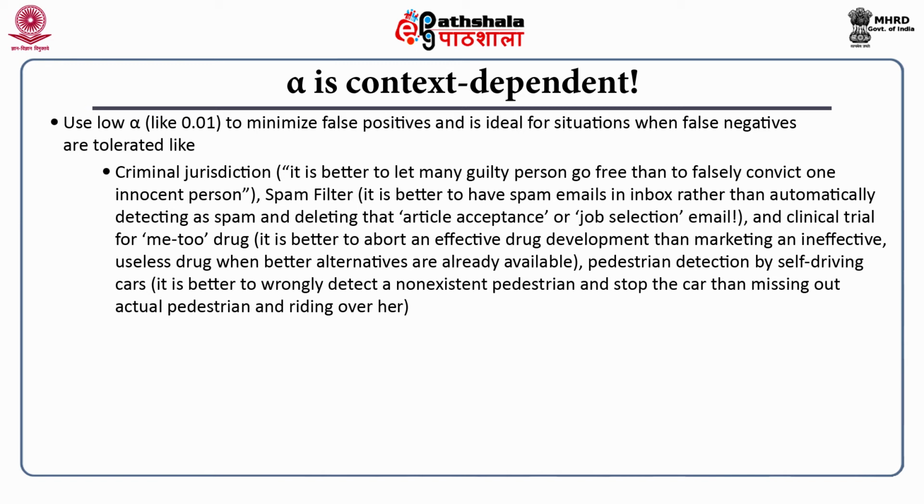That is a common morality question everywhere in the world. Which is better, to let guilty persons go free or falsely convict an innocent person? Which is actually tolerated? To let a guilty person go free is actually better. That's why a low alpha, to minimize false positives, is better.